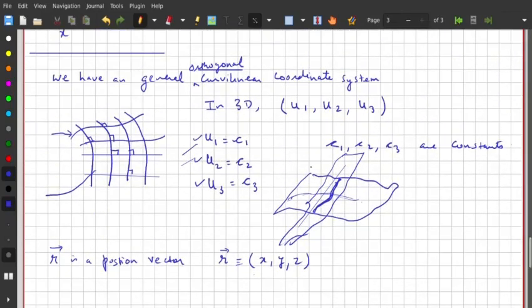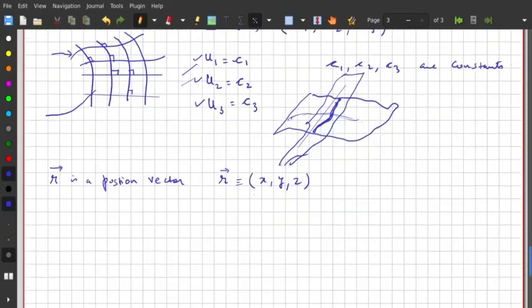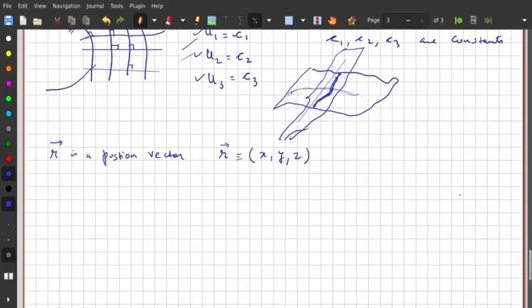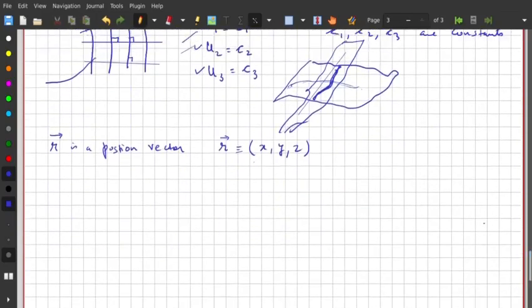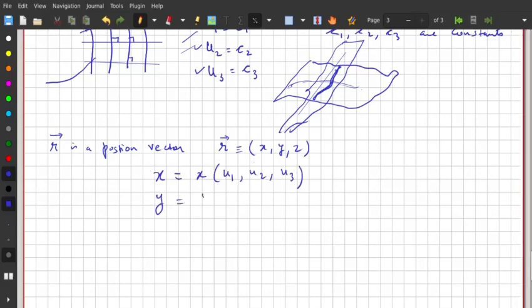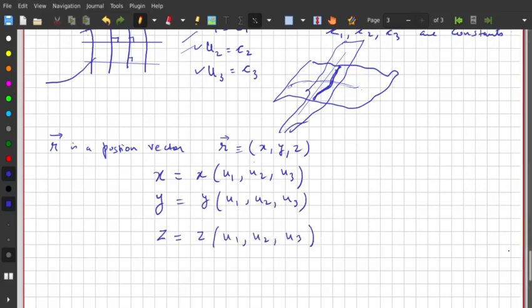Let's say we want to represent a single point in both Cartesian coordinates as well as in this curvilinear coordinate system. That means we are seeking a relationship of the form x equals some function of u1, u2, u3, where u1, u2, u3 are the new curvilinear coordinates, y is a function of u1, u2, u3, and similarly z is a function of u1, u2, and u3. That's a generic relationship.